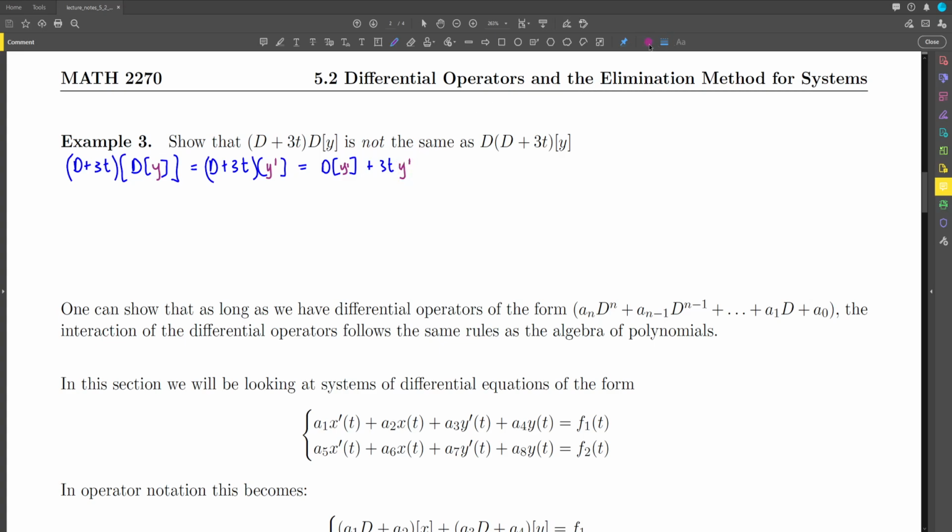And finally, that simplifies to y double prime and then plus 3t times y prime.